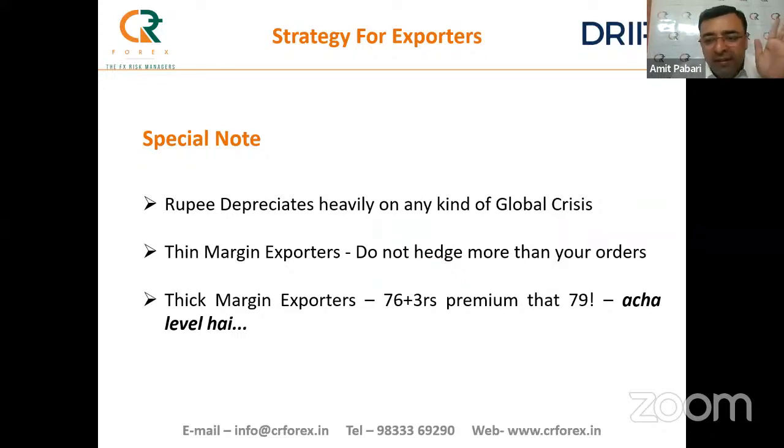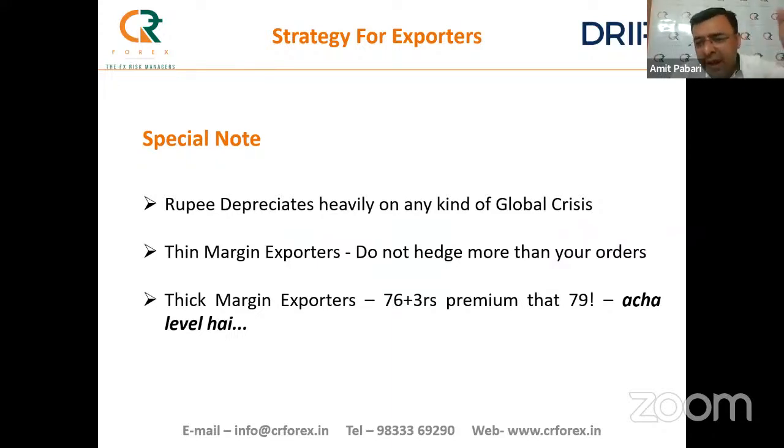In all the 4 crises, I have understood one thing: whenever there is a global crisis, there are higher chances that the currency, the dollar rupee pair, will depreciate by say 7 rupees, 10 rupees, 12 rupees. Definitely, over a period of time, RBI has become stronger.